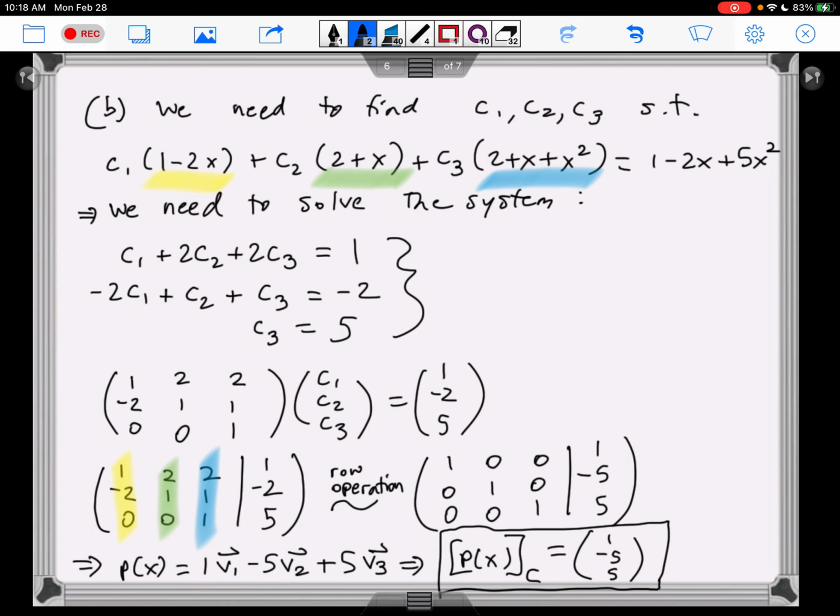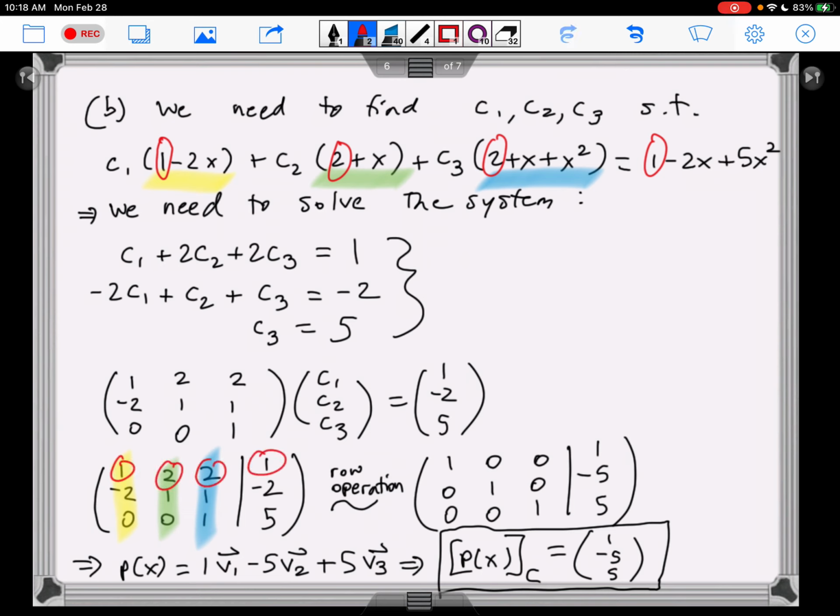Like here, for example, there is no inherent order of a polynomial, but this isn't going to work if you don't put all of your polynomials in the same order. So here I used ascending order, right? That's why I looked at my 1, 2, 2, and noticed that that is what I put as my first column. So 1, 2, 2, 1, right?